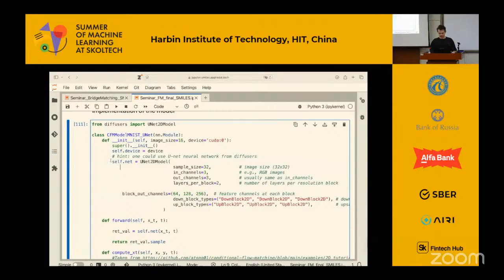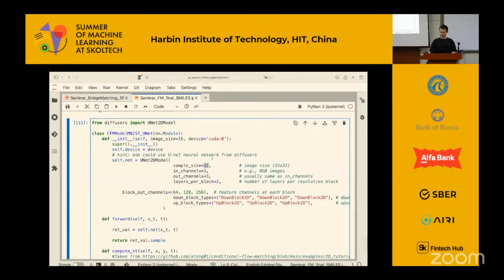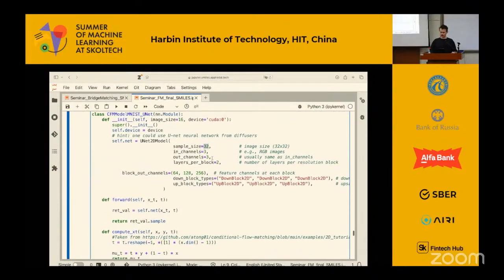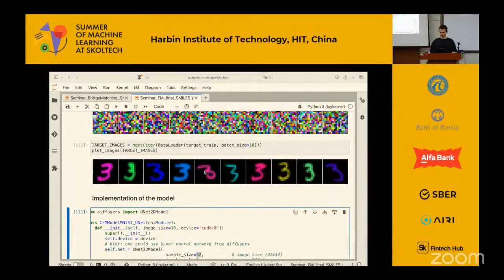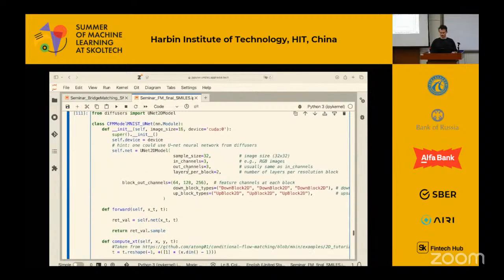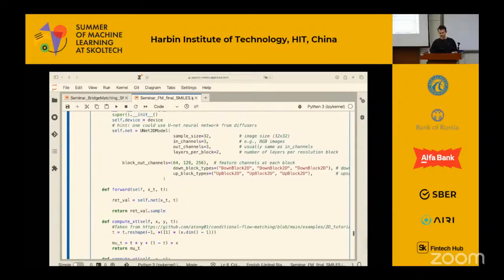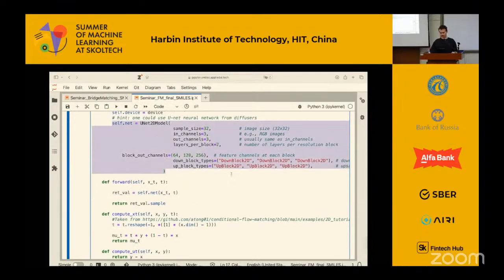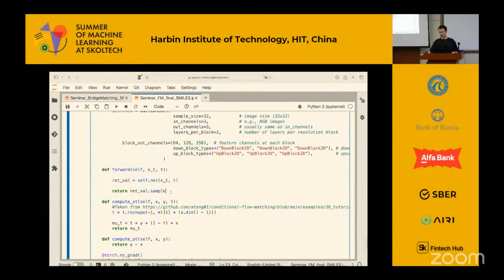So we adapt our UNet 2D model for 32 by 32. It seems like the digits will be not 16 by 16 but 32 by 32. Okay, all right. Then, once we have associated our neural network, which is again the UNet, we do the same thing. Forward, we just infer our neural network.